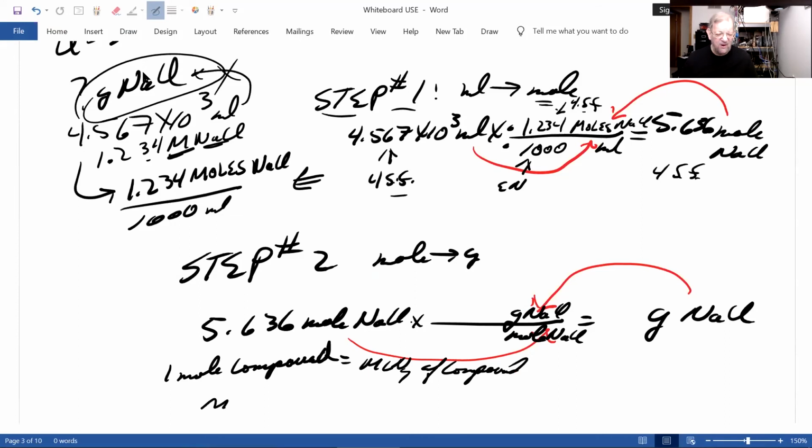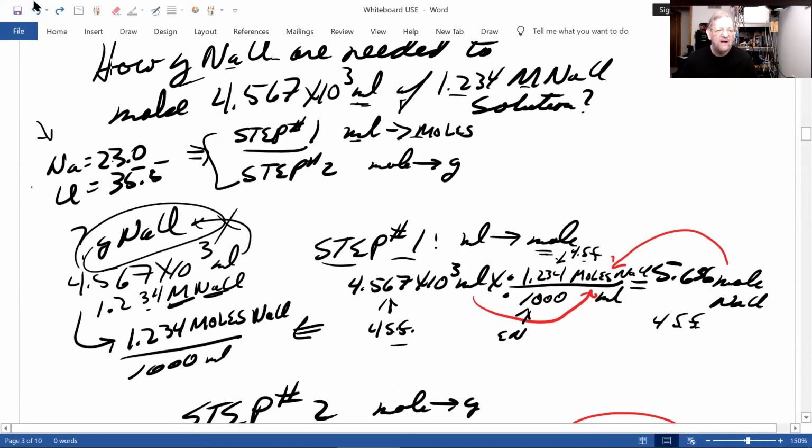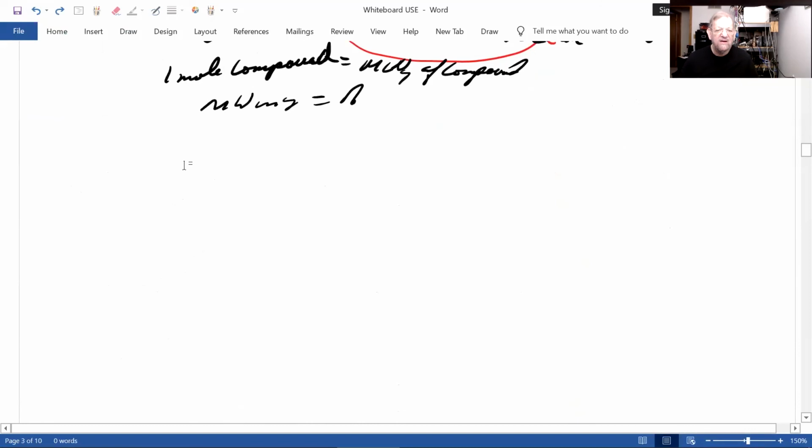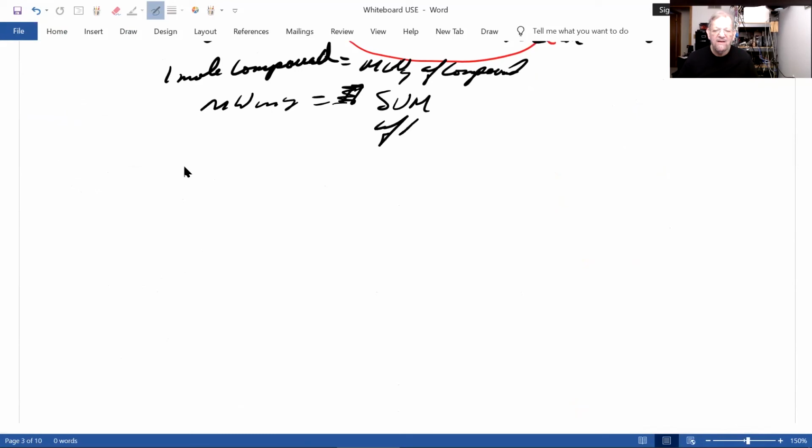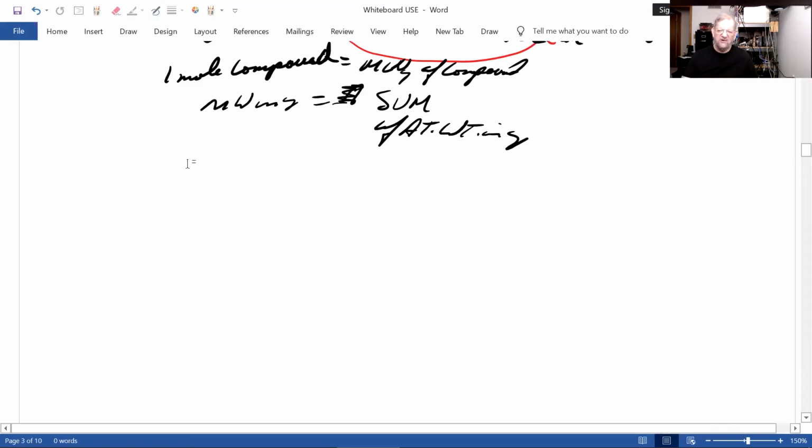And the molecular weight in grams equals the sum of the atomic weights in grams.